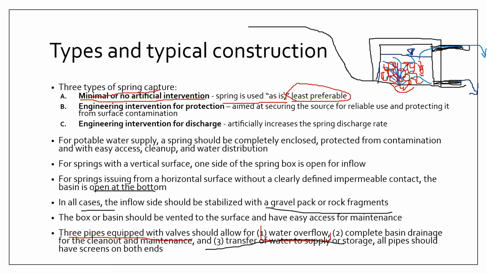And then the third pipe is for water distribution. So this pipe will typically be located at the middle part of the spring box. And this is typically connected to your household or a treatment facility to ensure that the water quality is meeting your acceptable water quality standards.